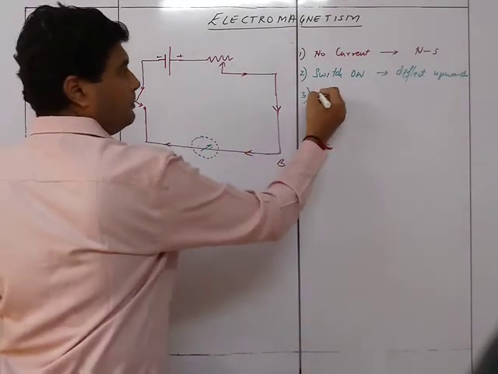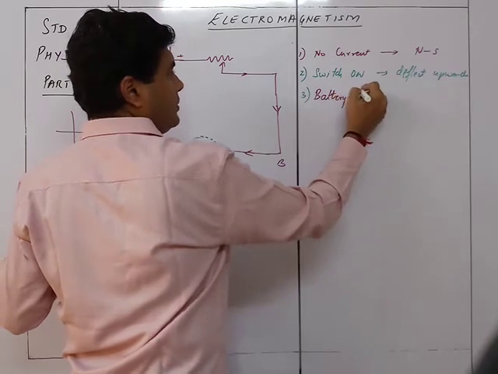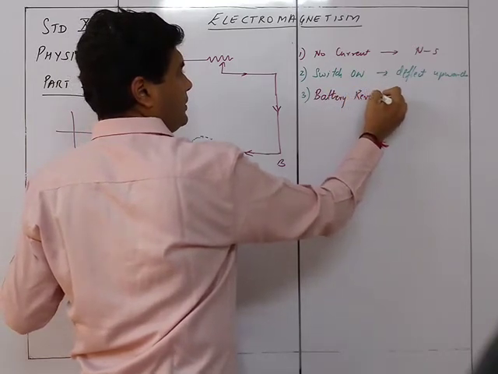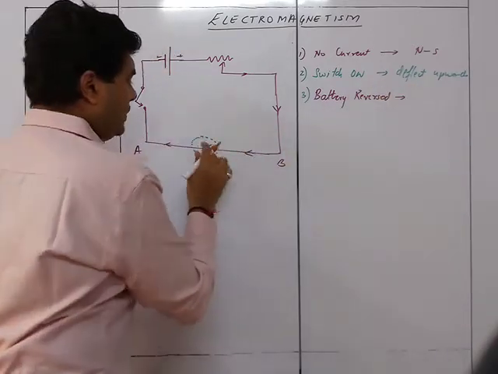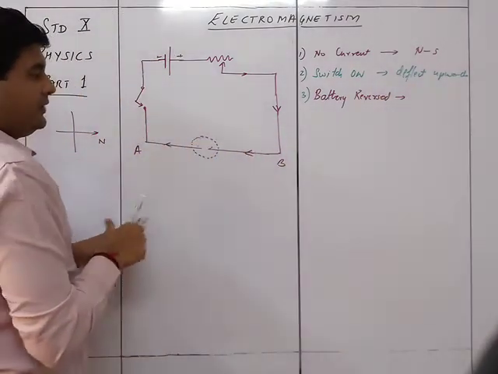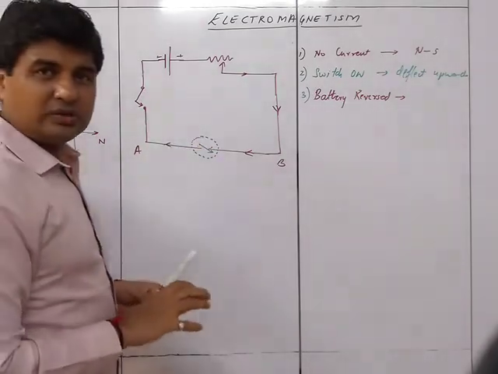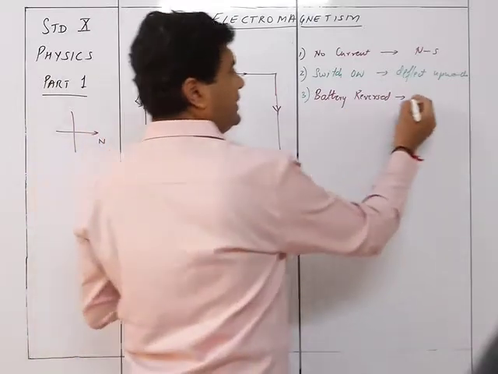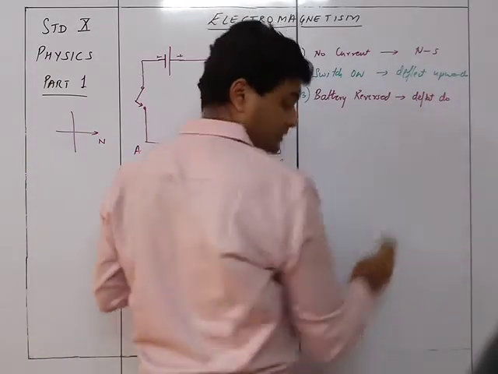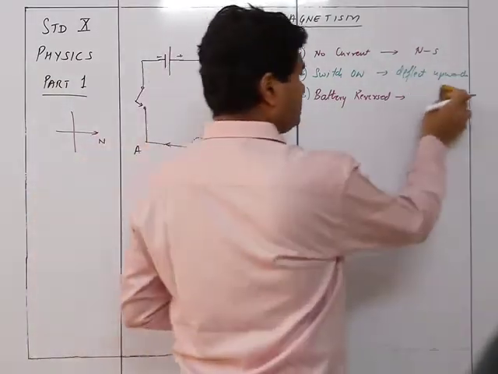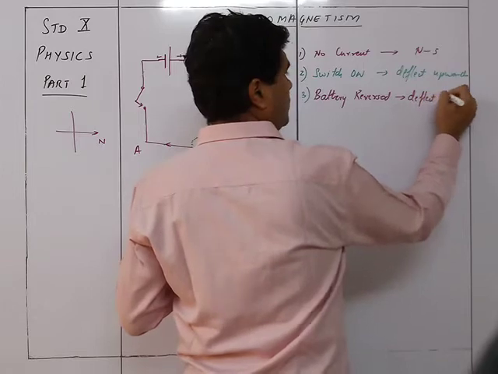The battery is reversed. Then the deflection will automatically go downwards. So deflect downwards.